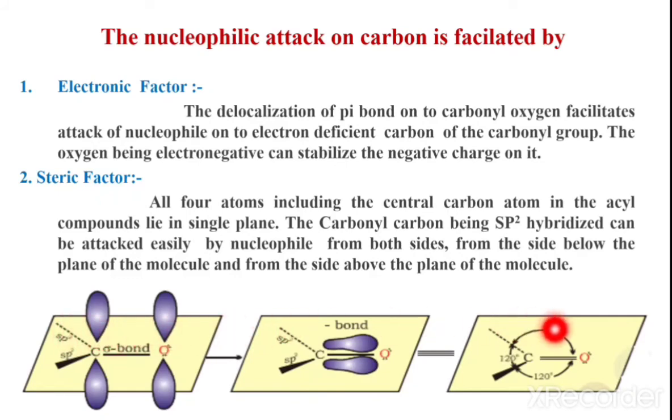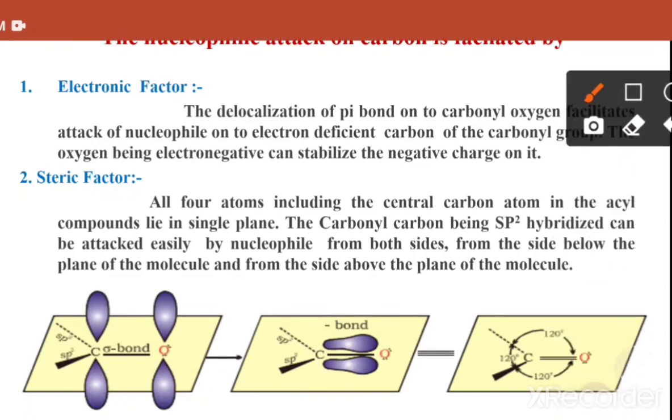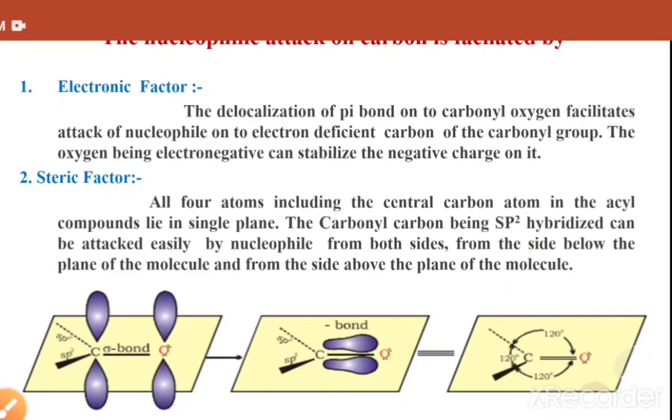That means this carbonyl carbon is trigonal planar, therefore both-side attack is possible: from below the plane of the molecule and from the front side, that is above the plane of the molecule. That means from this direction or from this direction, because this carbonyl carbon is trigonal planar, therefore both-side attack is possible.